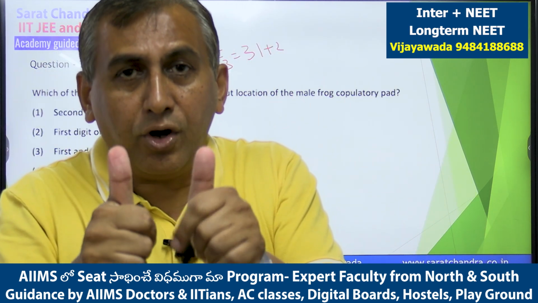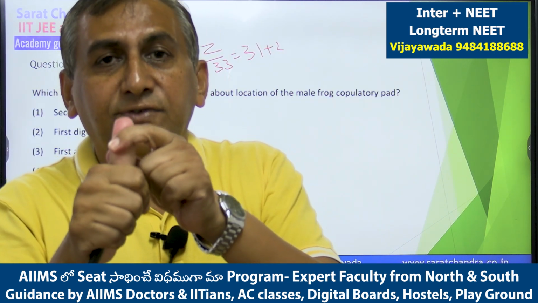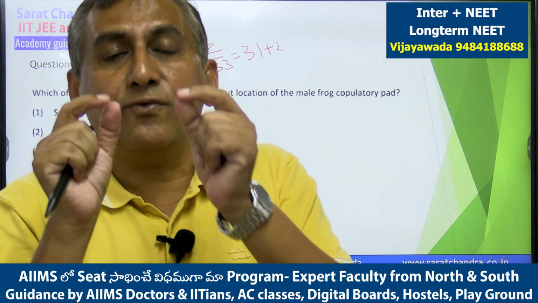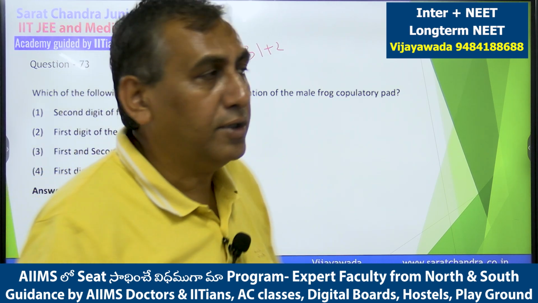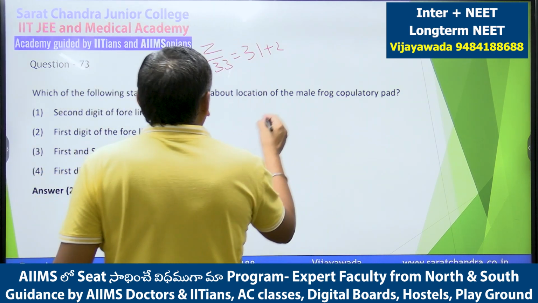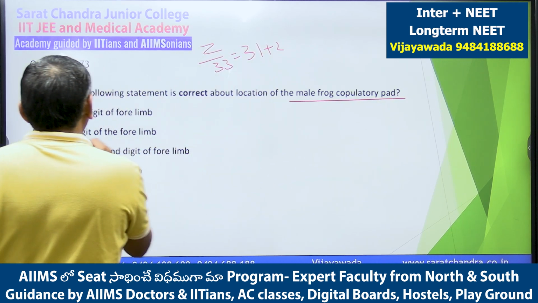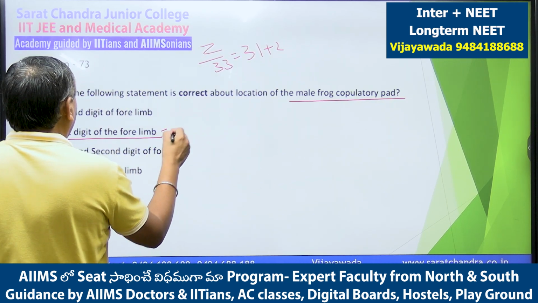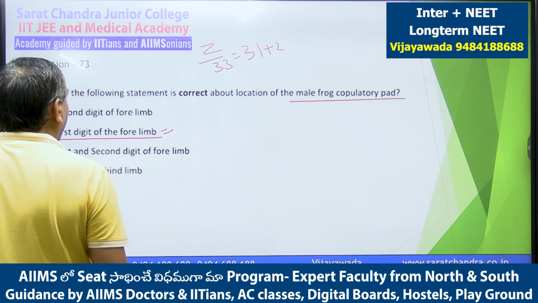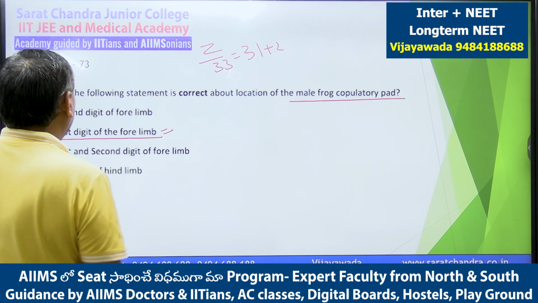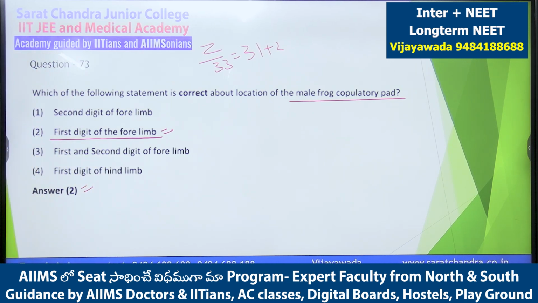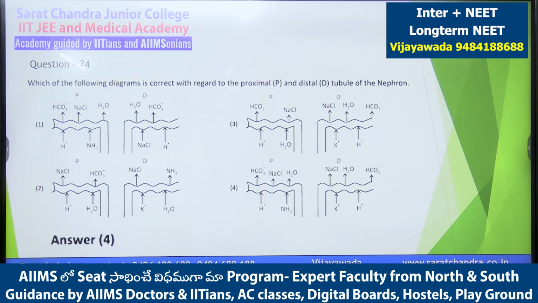On the first digit of the forelimb of the male frog, copulatory pads are present. They are absent in the female.